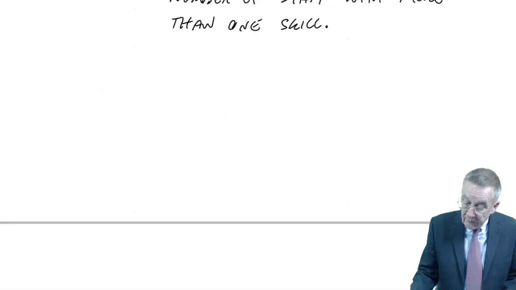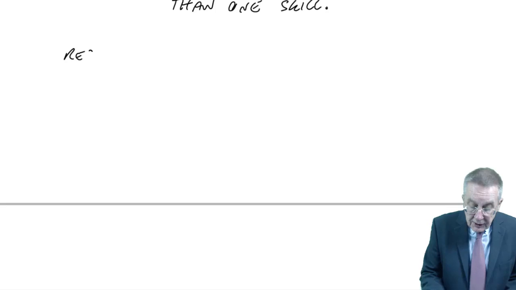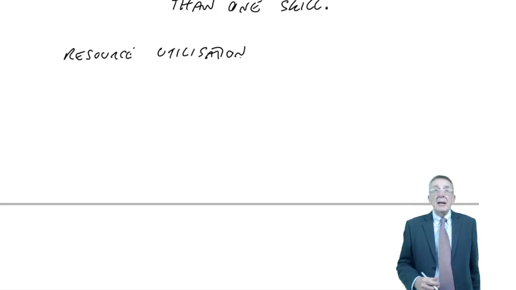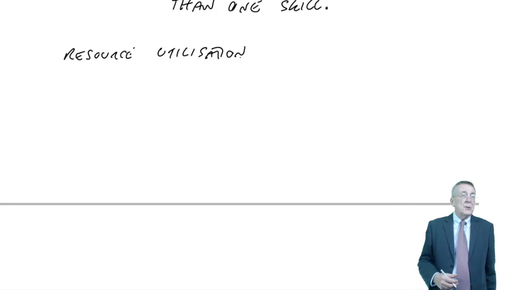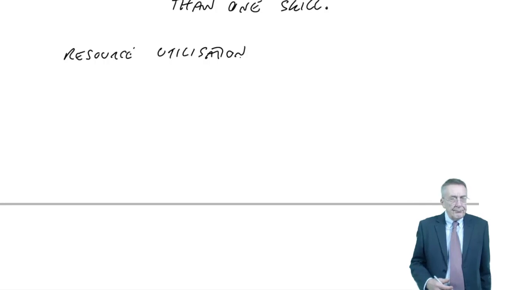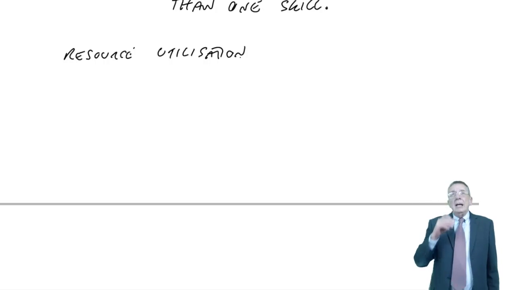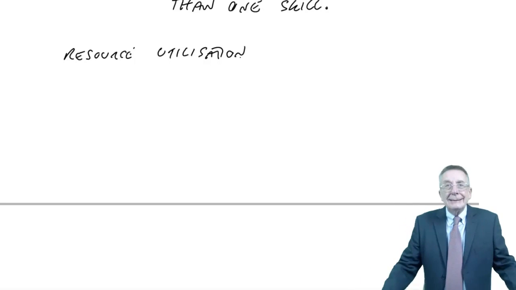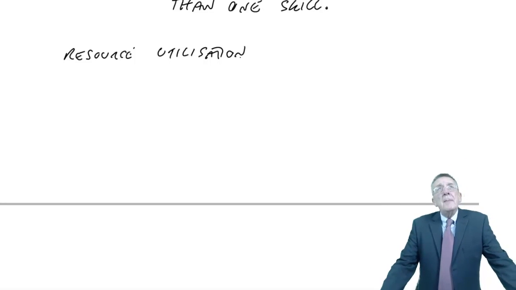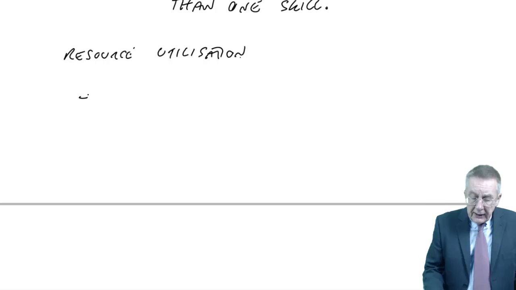Anyway, nearly there. Resource utilisation. It's looking at how efficiently we use our resources. I'll give you a few examples. We're in a hotel. What are our main resources? One are the building running costs.